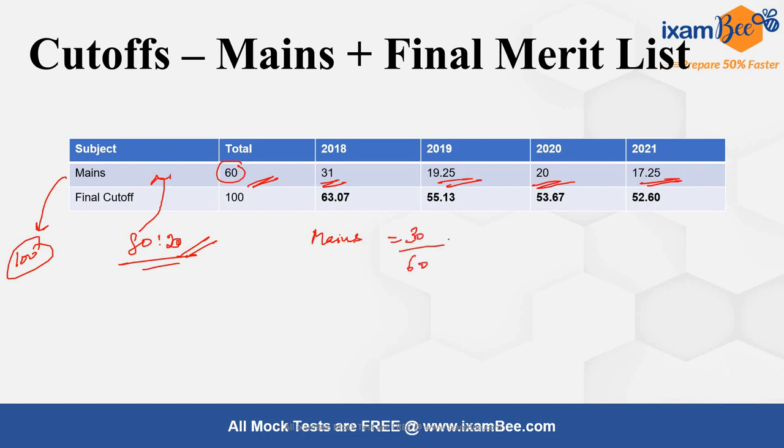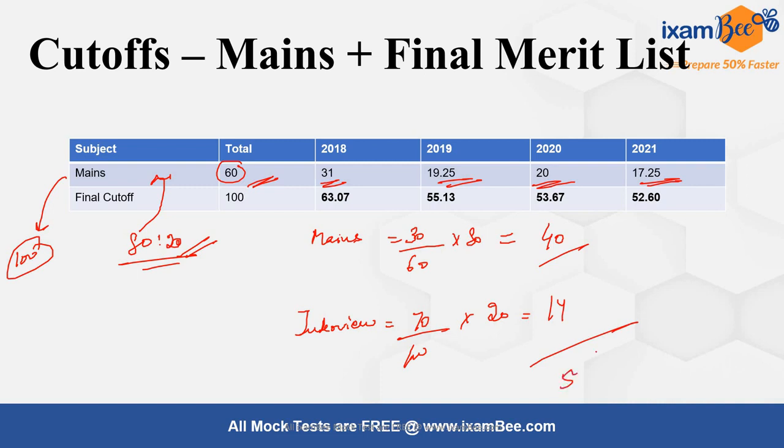This will have to be converted into a weightage of 80, and if you multiply it by 80, that will become equal to 40. And in the interview, let's say you get an average score of 70 out of 100. This will be converted into 20 weightage, that means 14 marks. Now if you add 40 plus 14, that will be 54. So here the cutoff was 63.07.